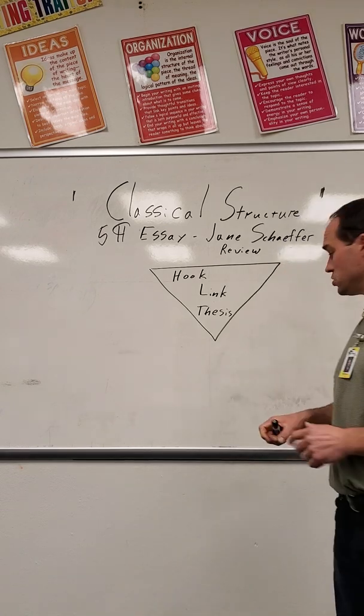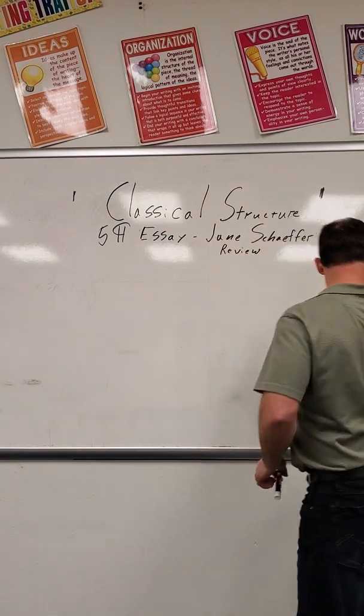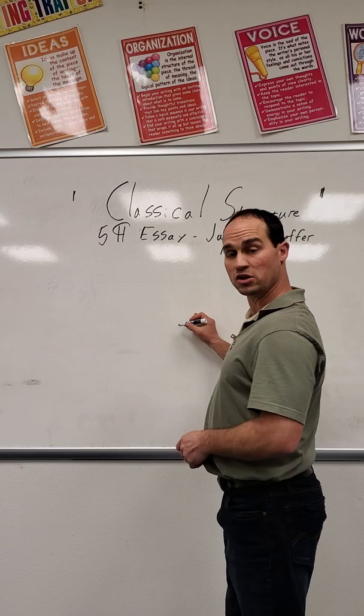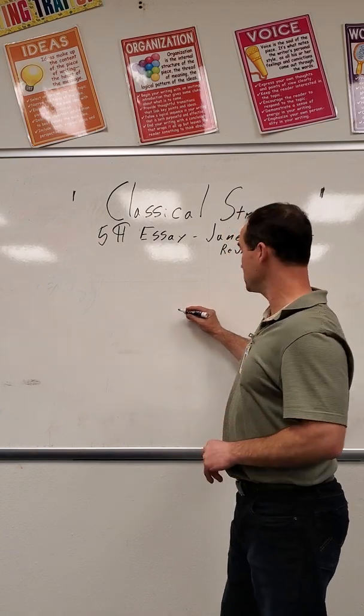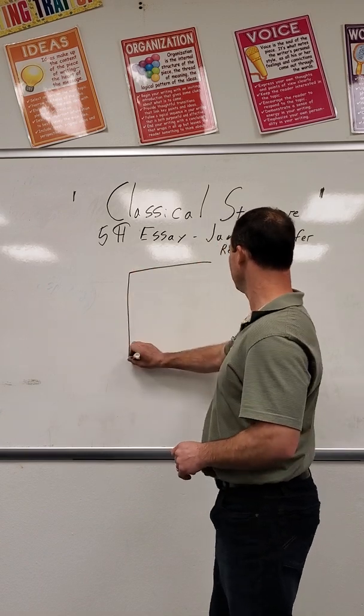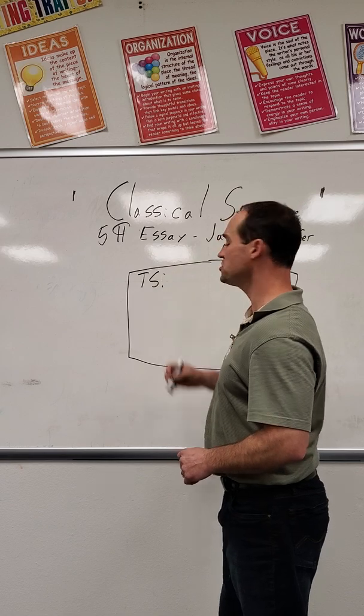So first, let me show you the body paragraph structure, which many of you know, and this is Jane Schaeffer style. This is sentence by sentence. Your first sentence in a body paragraph, just make a square here, is going to be your TS. Okay, this is your topic sentence.